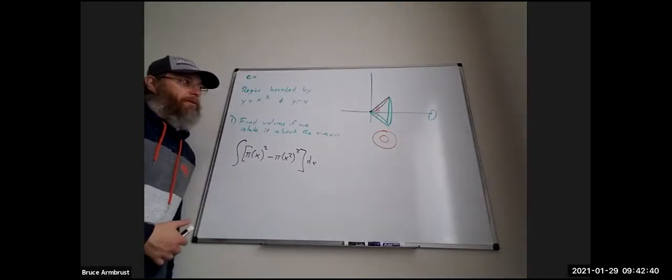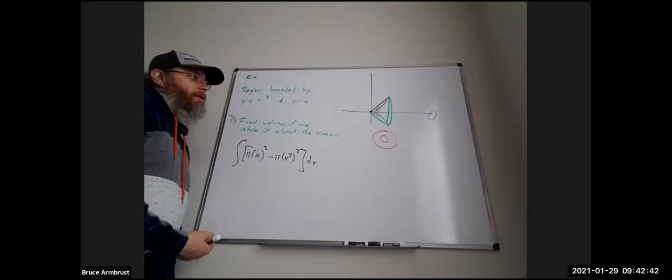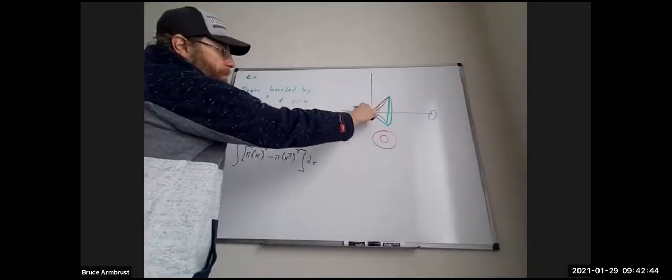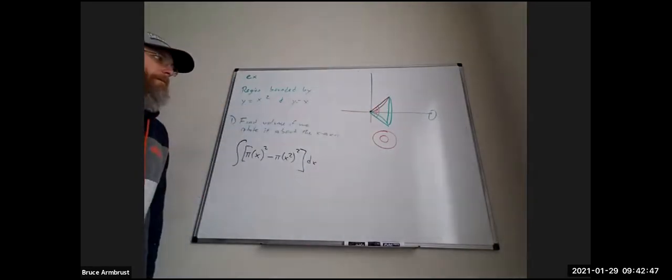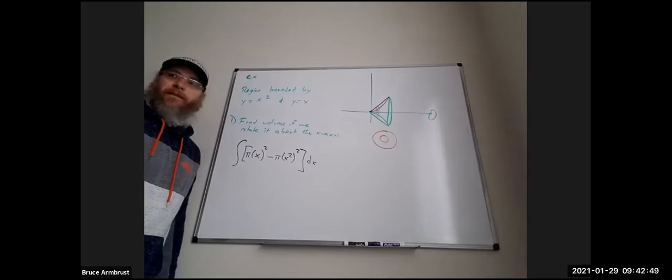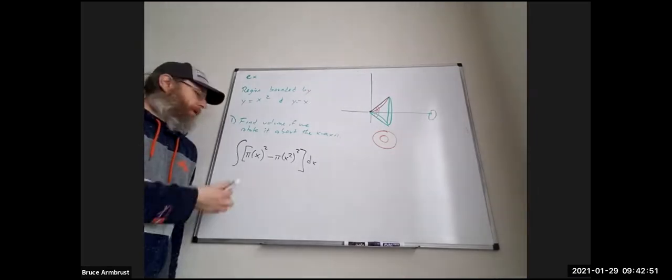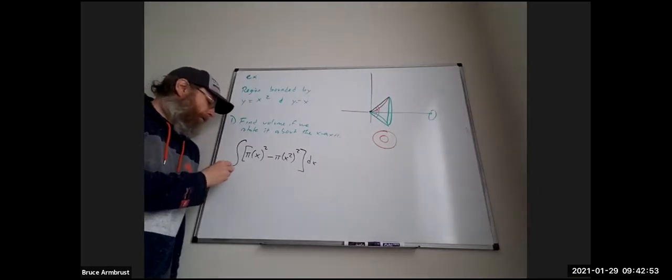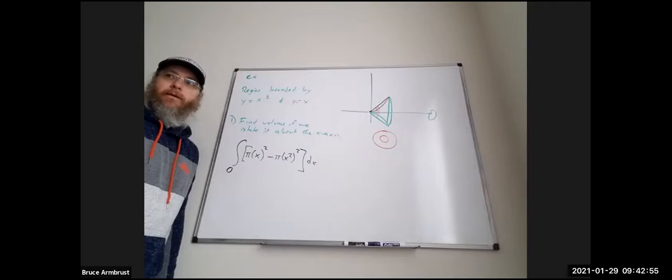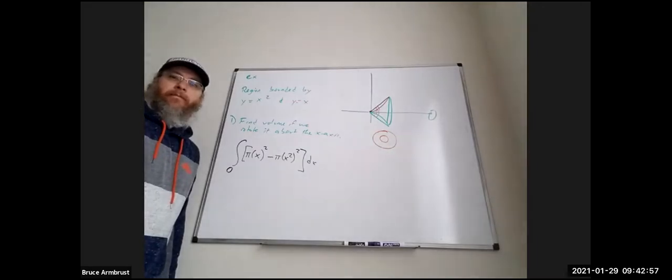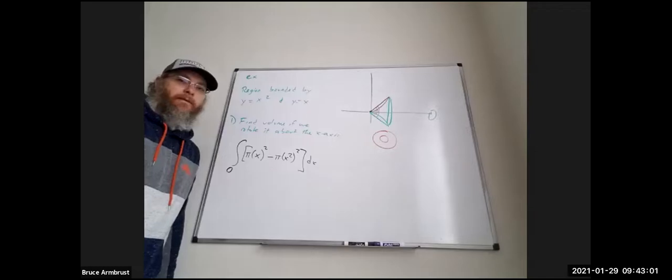Okay, but now we need the bounds. So we need to know what x values determine this little shape. It should be pretty clear that the smaller one is 0. Anybody see what the upper bound is? How far are we going to go out in the x's to get this shape?